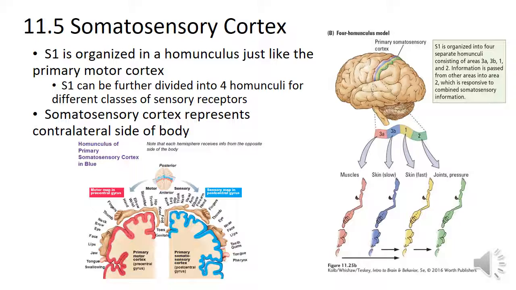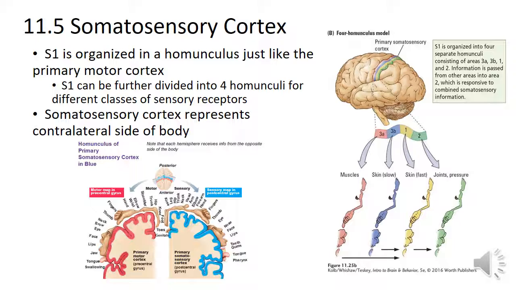S1 is organized, as many things we've talked about, in a topographical or homunculus manner. Just like the primary motor cortex, if you look at this image on the bottom left, the somatosensory cortex and the motor cortex, which are right next to each other, code for the same parts of the body.